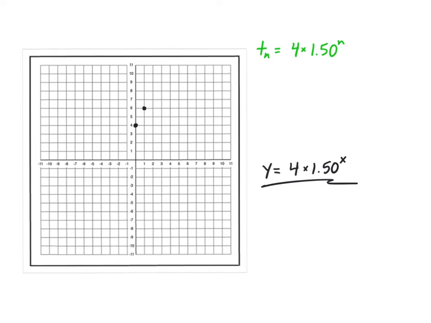If I did 6 times 1.5, well, 6 times 1 is 6. 6 times a half is 3, so 6 and 3 is 9. If I did 9 times 1.5, that would be 9 times 1, which is 9. Half of 9 is 4.5. 9 and 4.5 would be 13.5. I'm just going to go ahead and write it up there.